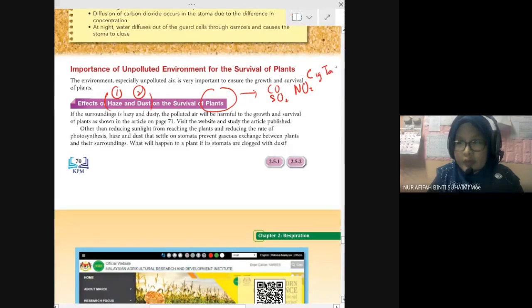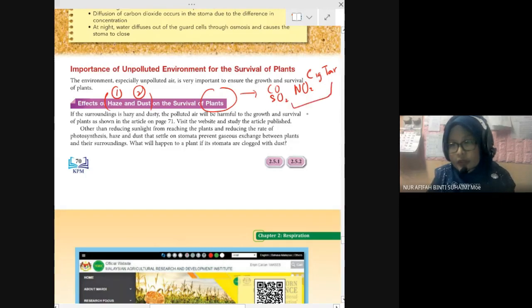Okay, what we have learned before, the harmful substances: cigarette tar, carbon monoxide, sulfur dioxide, nitrogen dioxide, and haze, dust, and pollen. So 1, 2, 3, 4, 5. Five harmful substances. So that's the effect for the respiratory system in humans.